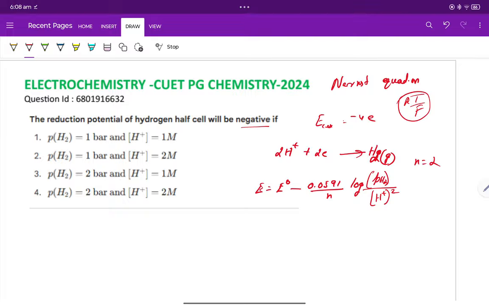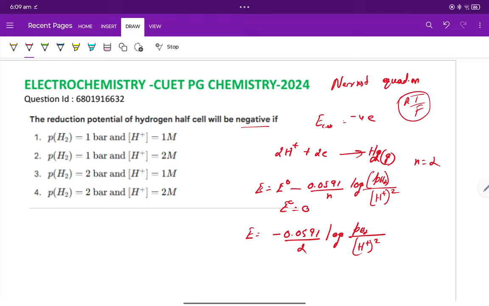We are asked to determine when the E value will be negative. Here E0 is equal to 0. Why? Because this is the standard hydrogen electrode, so its E0 will be equal to 0. If you rewrite that equation, it will be E equals minus 0.0591 by 2 log of partial pressure of hydrogen divided by H plus square.